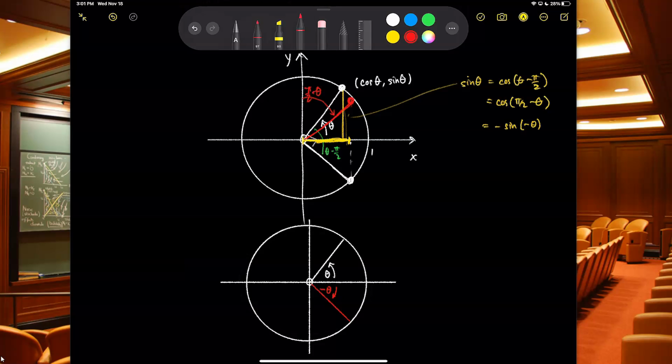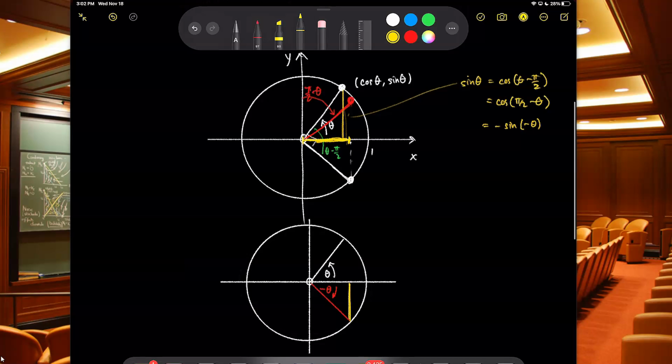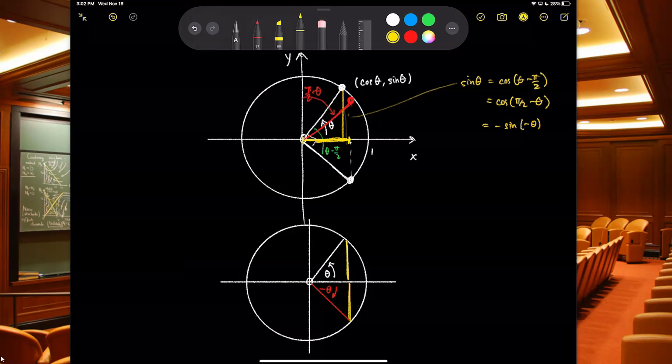Well, let's see. What's the sine of negative theta? The sine of negative theta is this length here. Again, it's not length, it's really the position from. So whatever this length is here, the sine is this length, and what is that equal to? It's equal to this length flipped up above.